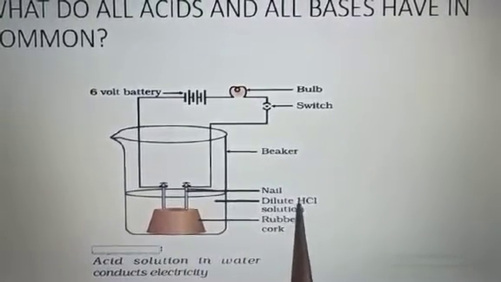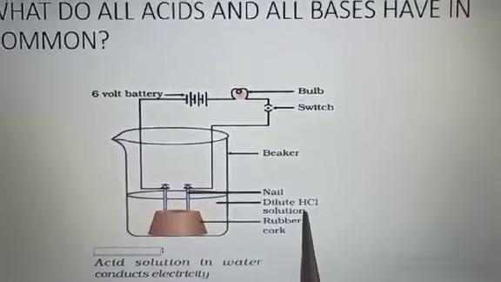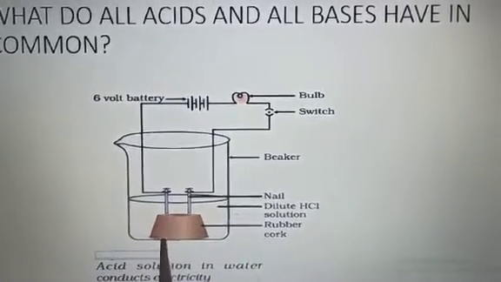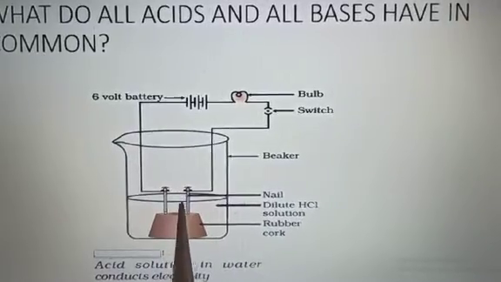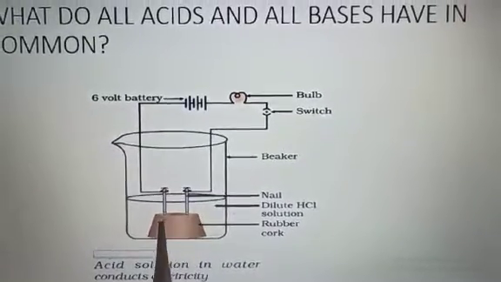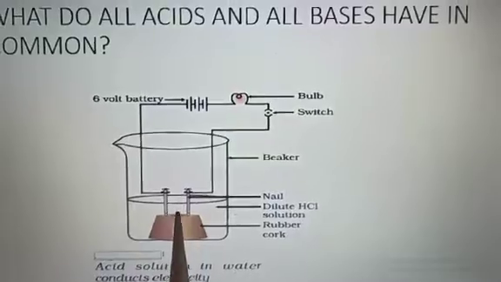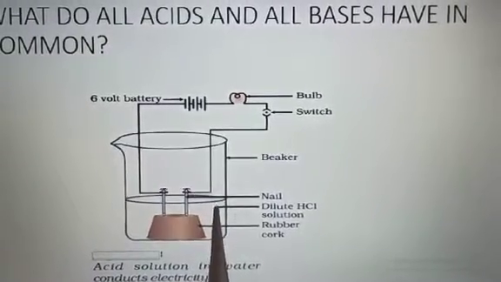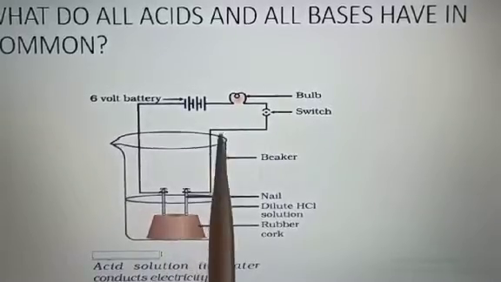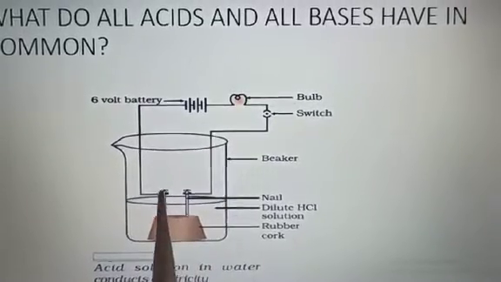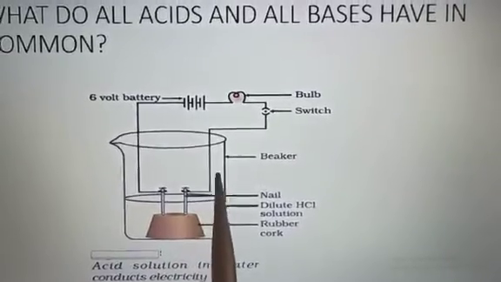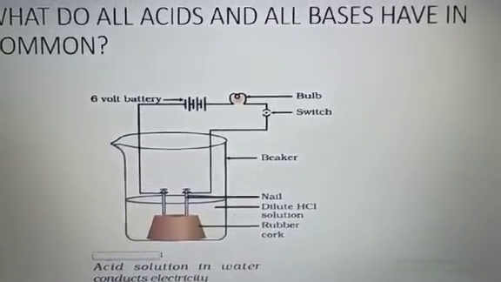If we are talking about acids like HCl and H2SO4, they dissociate into ions when attached with the terminals of the battery, and then it will complete the circuit. Because of the dissociation into ions, the negative ion will go to the positive terminal, the positive ions will go to the negative terminal, and because the circuit gets completed, the bulb will glow.